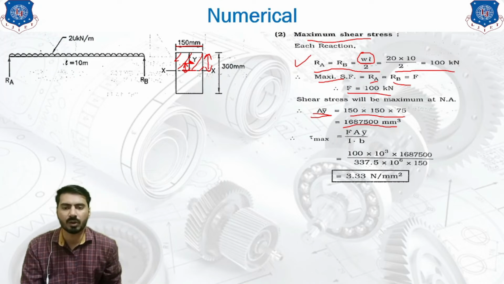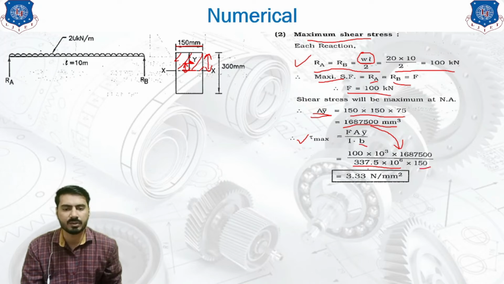By simply putting all these values into the equation of the shear stress, tau max equals F A y bar upon I B. F is already calculated as 100 kilonewton. A y bar is already taken from this calculation, and I is the moment of inertia that we have calculated in the previous slide, directly 337.5 into 10 raised to 6. B is the width of the rectangular shape, that is 150.